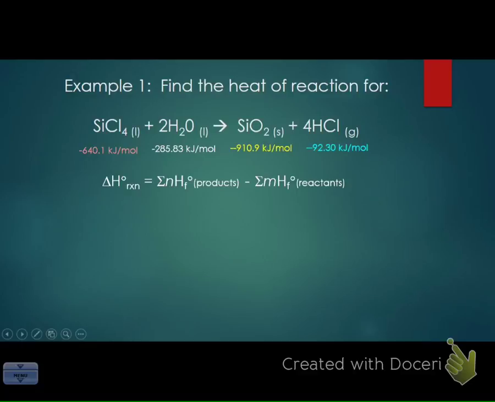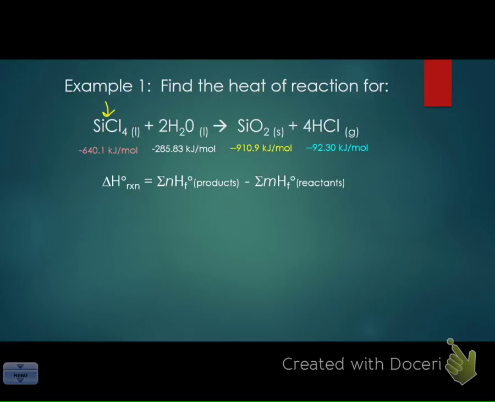Remember, these are formations. So if I form, for example, let's just look at the silicon tetrachloride. If I form this from silicon plus Cl2, chlorine gas, if this value is negative, it pretty much tells me that it's easier to form the silicon-chlorine bonds in this molecule than it is to leave silicon by itself and chlorine diatomic by itself.